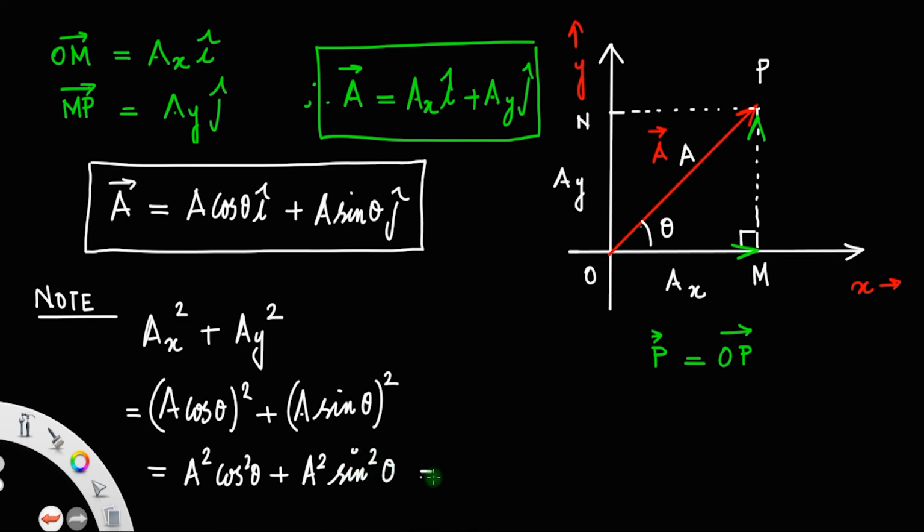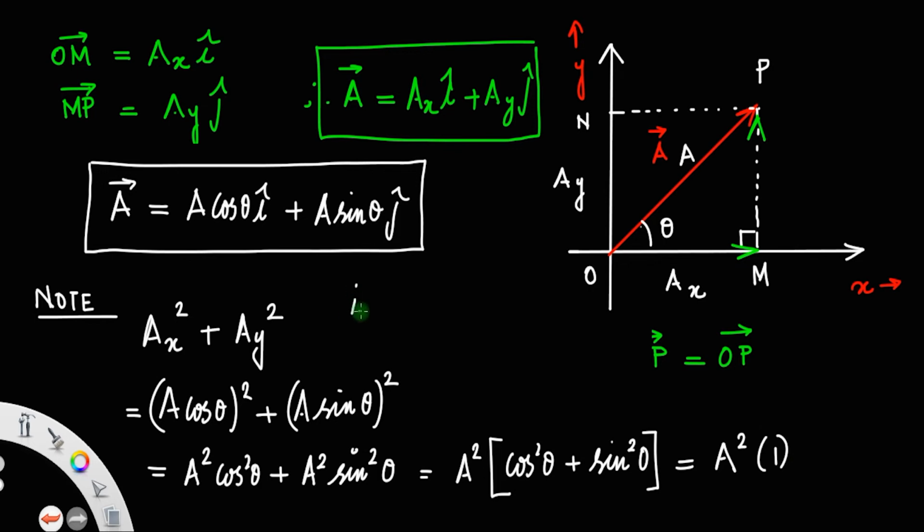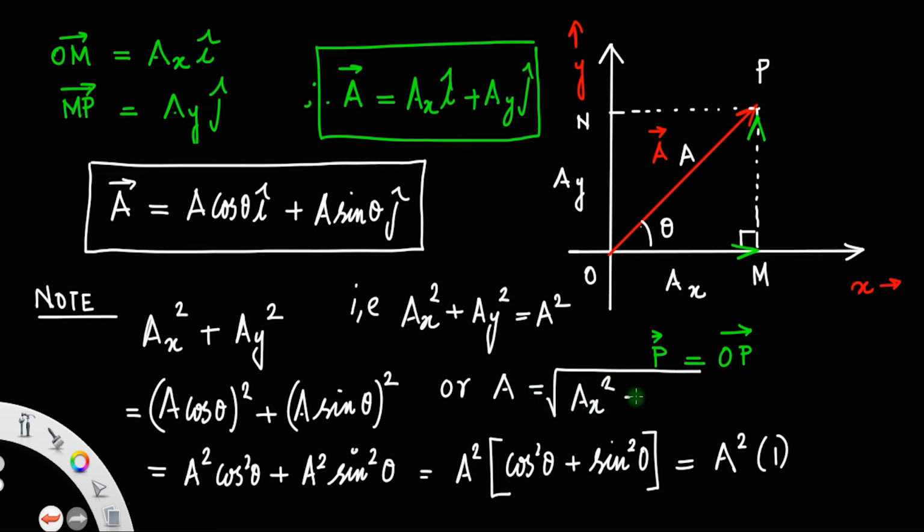You can take this A square out, A square into cos square theta plus sin square theta. So this will be 1, A square into 1. You know the identity, sin square theta plus cos square theta is always 1. That is, AX square plus AY square is equal to A square, or A is equal to root of AX square plus AY square.